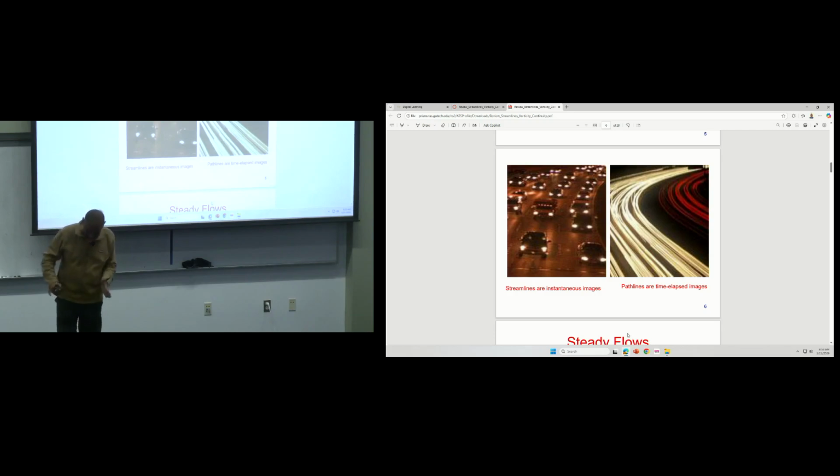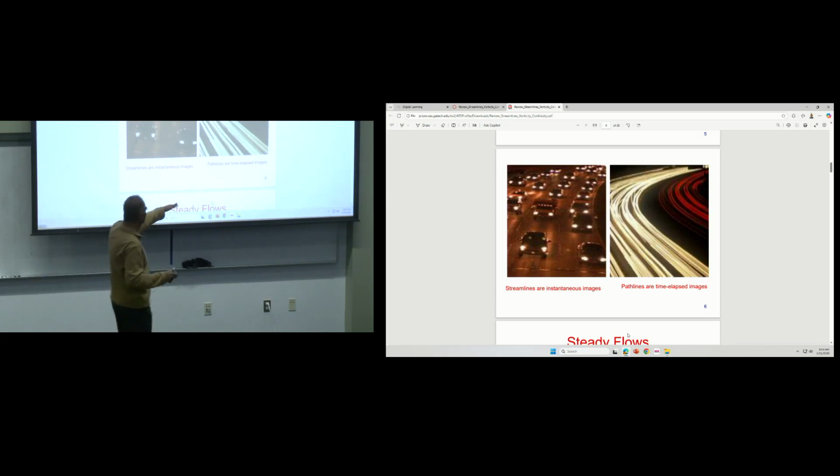Because the cars are going in their lane, so the car motion is parallel to the path of the lane. Okay. On the other hand, if you had an elapsed time period, let's say even 1 second, this would look like this one. It seems like the cars are actually crossing each other, but they're not colliding because it's taken over a different period of time. Okay, so this is a pathway or a path line.